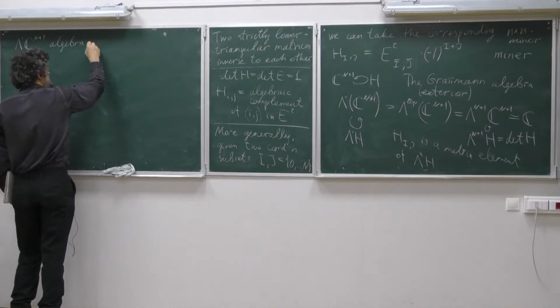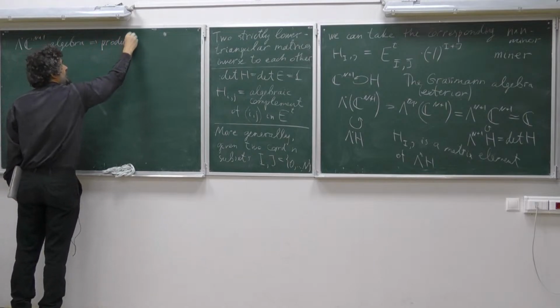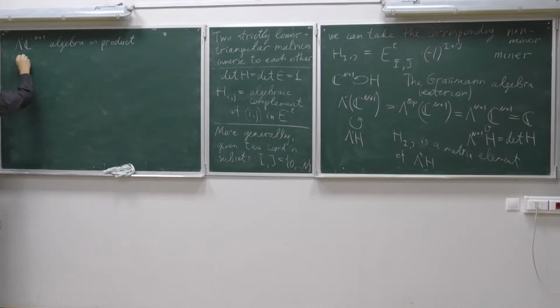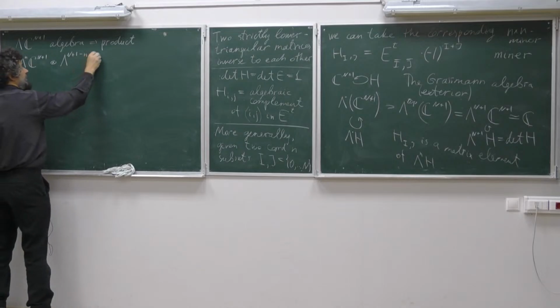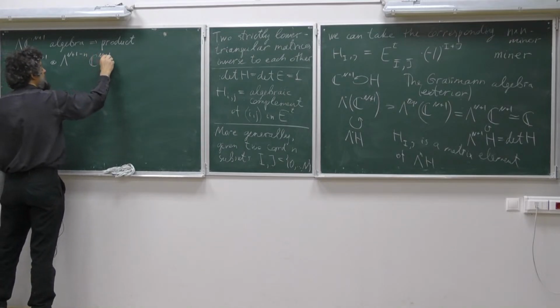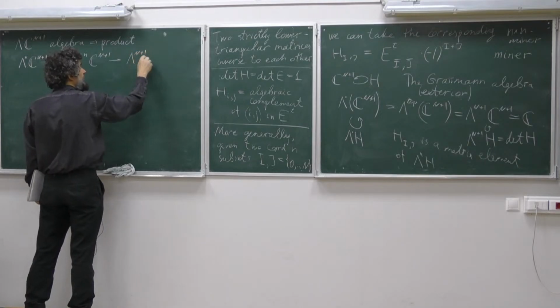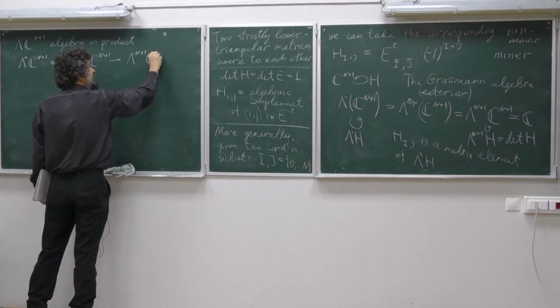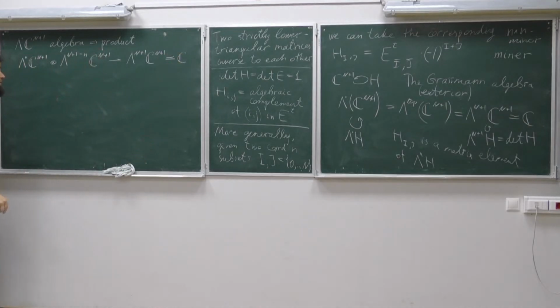In particular, there's a product from lambda n C n plus 1 times lambda n plus 1 minus n C n plus 1 to lambda n plus 1 C n plus 1, which is one-dimensional.